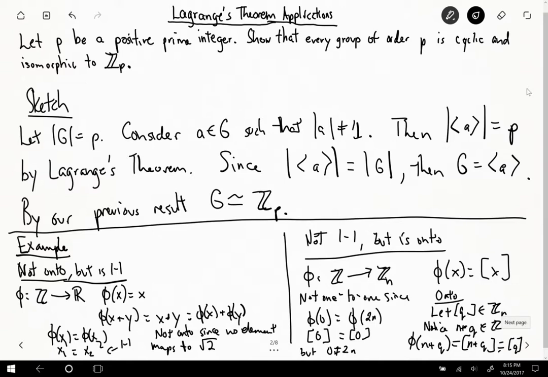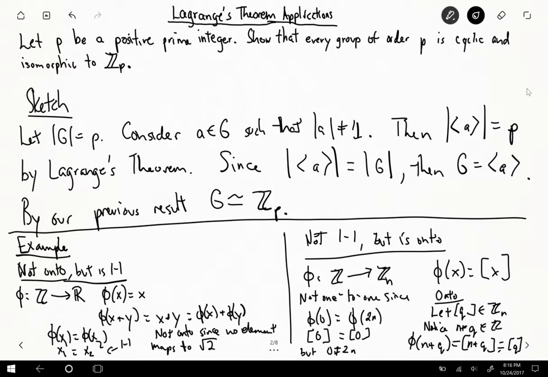Okay. Now, I haven't shown that this is a homomorphism, but it's not too hard to show, and I suggest you give it a try. See if you can show that this actually holds up, and you can just use the properties of when we're doing addition modulo n. It shouldn't be too bad. Okay, so hopefully that clears up the one-to-one, not one-to-one, onto, not onto sort of thing.